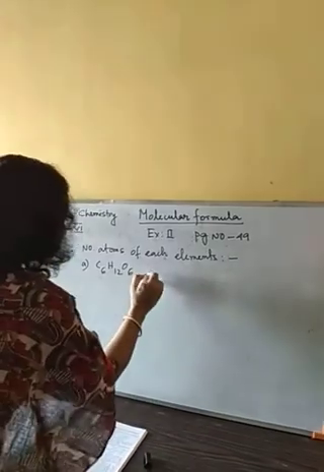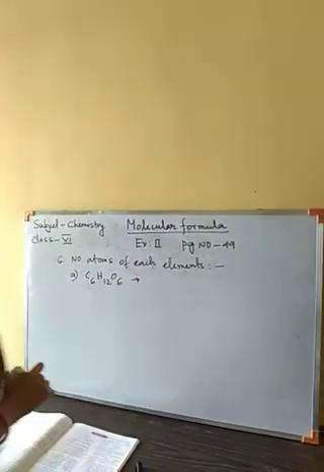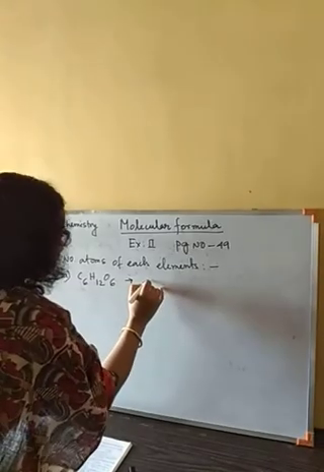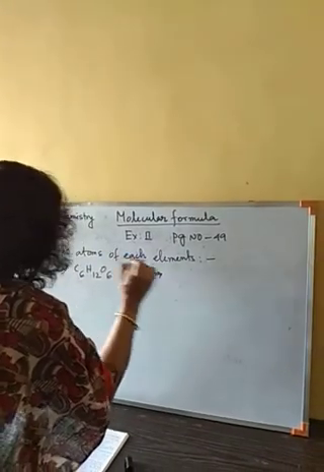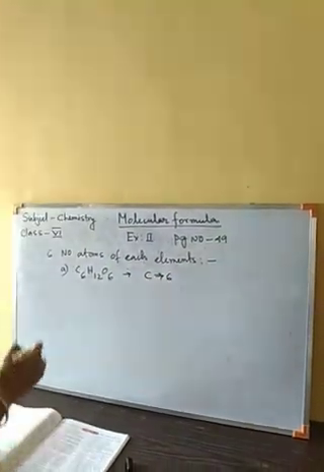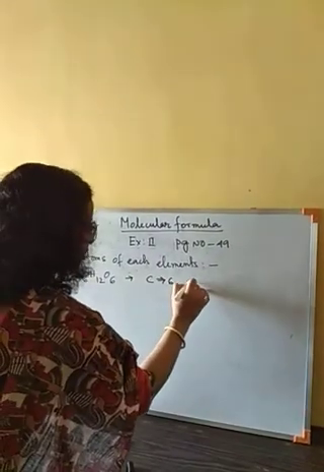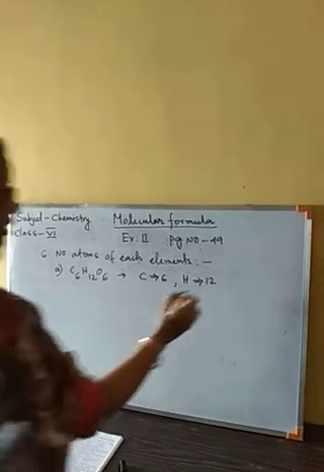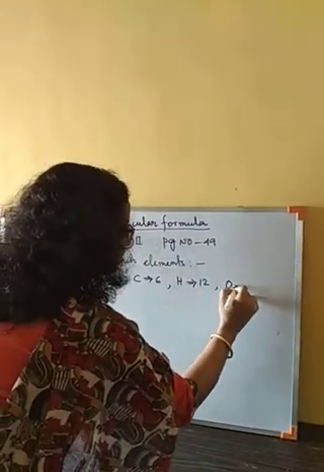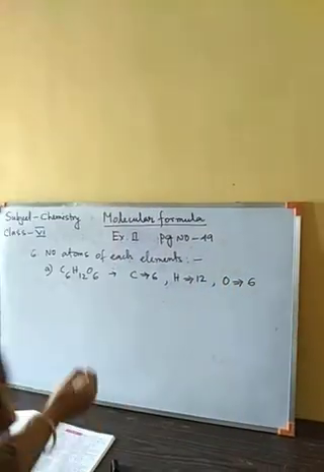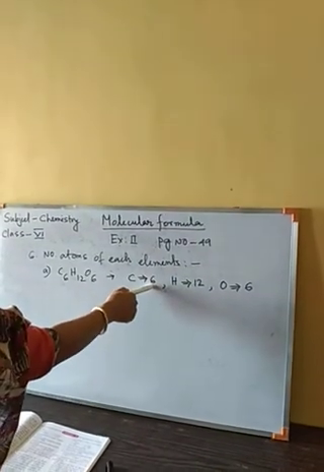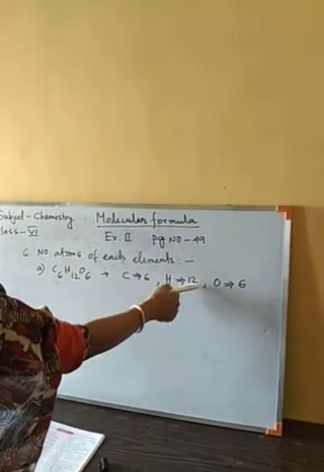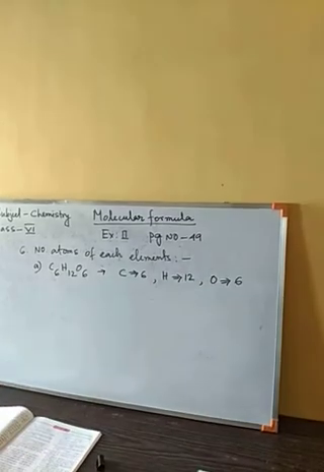This is glucose. Carbon, how many carbon atoms do we have here? 6. Hydrogen, 12 hydrogen atoms. And how many oxygen atoms? 6. So number of carbon atoms 6, hydrogen atoms 12, and oxygen atoms 6.